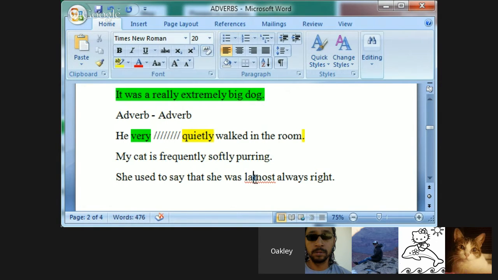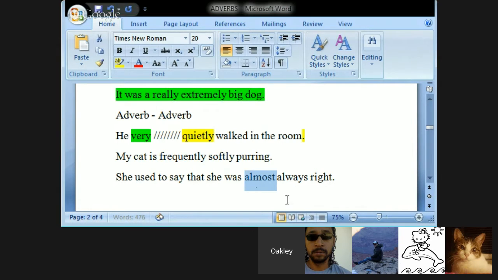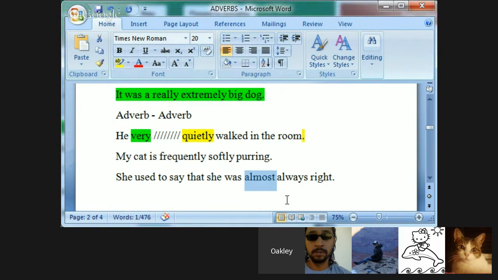Whoops. Inverted here. Typo. There we go. She used to say that she was almost always right. Very nice. Okay. Almost. The first. She was. This is tricky to analyze. Really tricky.